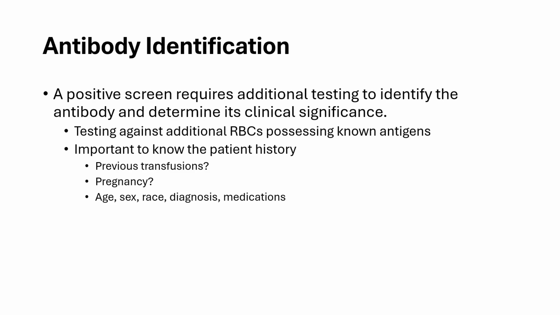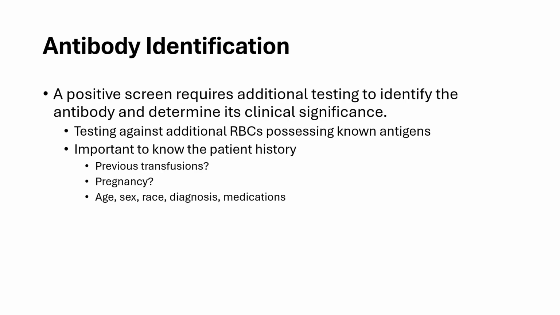The importance of patient history. Patient history is critical in guiding antibody identification and interpretation. Relevant historical information will include any previous transfusions. Transfused patients are at risk of alloimmunization, where they can develop antibodies to foreign red blood cell antigens. You want to know their pregnancy history.